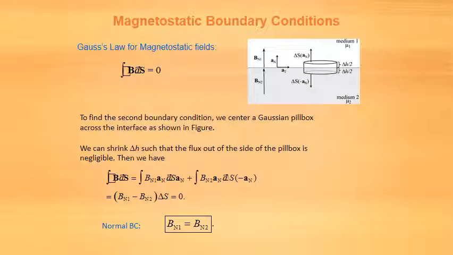By substituting the values in medium 1 and medium 2, we get integral B dot dS is equal to integral Bn1 dS plus Bn2 dS. That can be taken as B dot dS is 0. 0 is equal to Bn1 delta s plus Bn2 delta s, which can be taken as Bn1 minus Bn2 into delta s is equal to 0. Therefore, Bn1 is equal to Bn2. In magnetostatics, the normal component of flux density across the boundary is continuous.